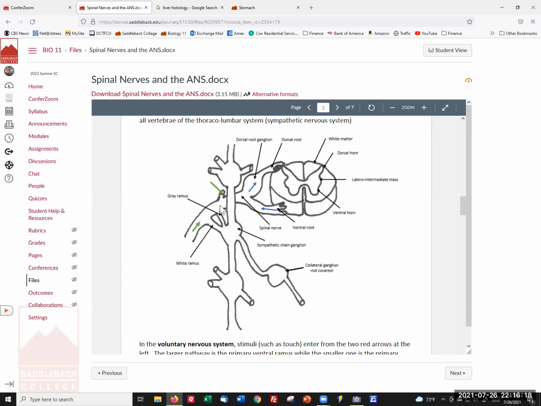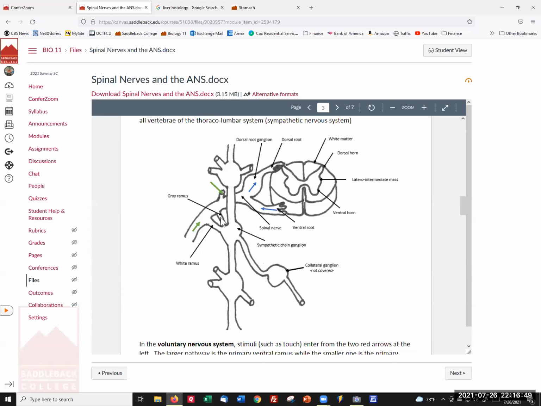Coming this way, motor-wise or efferently, when you leave, we have two connections to a chain ganglion, also known as a sympathetic chain ganglion or a sympathetic trunk ganglion. You have one called the white ramus, which is the most lateral. It's the way in.